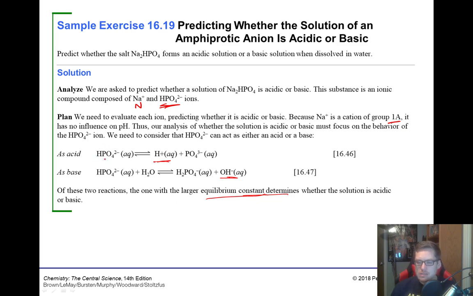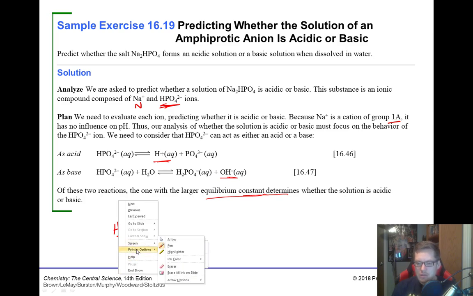This is losing its last hydrogen, because phosphoric acid is H3PO4, and so it's going to have 3 different Ka values. Okay, let's try this instead.